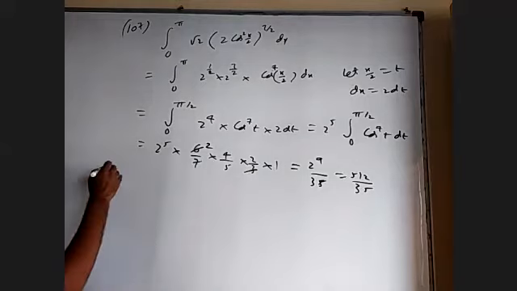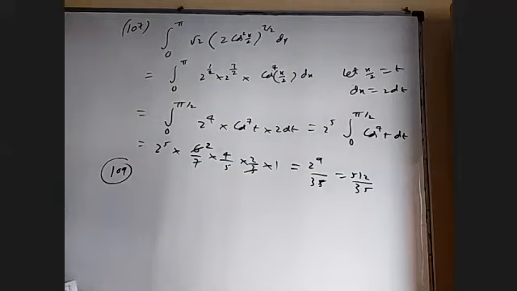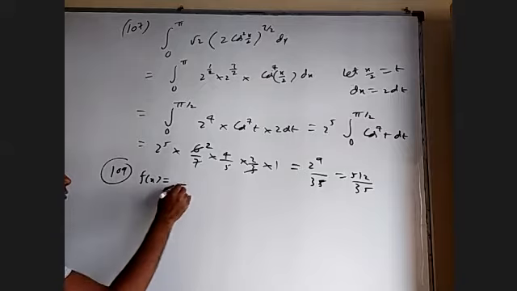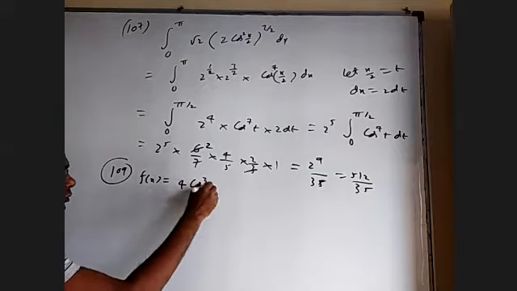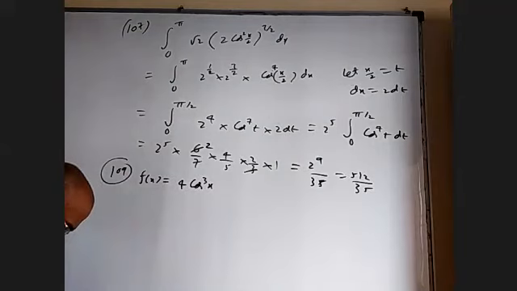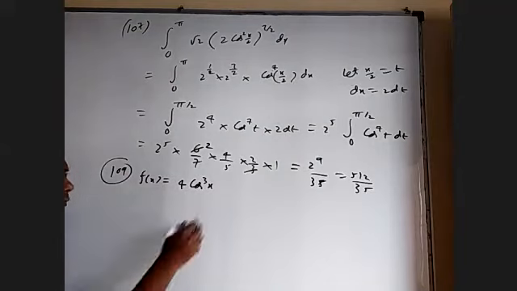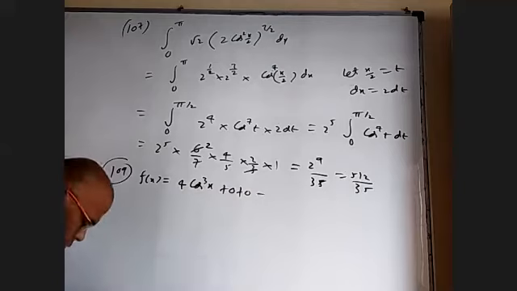So 109. I need to just expand the determinant. When I expand the determinant, I will get 4 cos cube x plus 0 plus 0 minus 0 minus cos x minus 2 cos x.